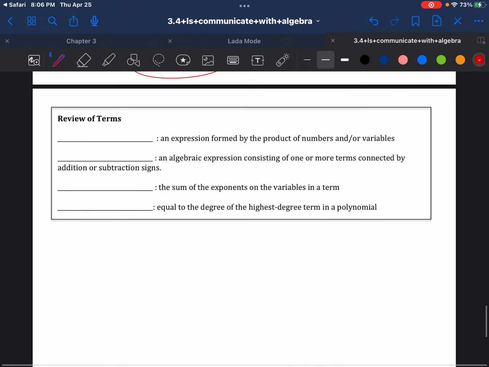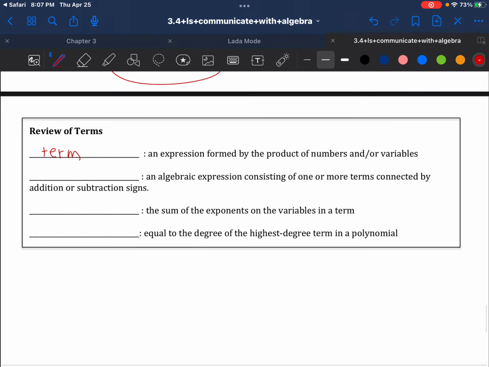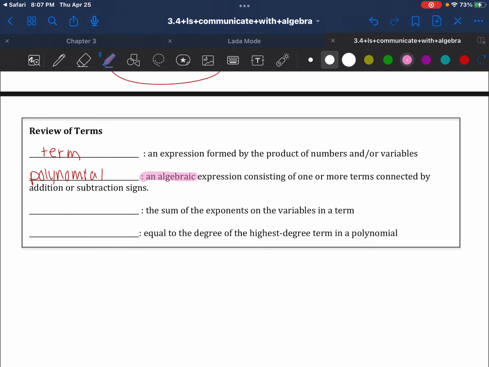And now let's review the terms. Term: an algebraic expression formed by a product of numbers and/or variables. Polynomial: an algebraic expression consisting of one or more terms separated by addition or subtraction signs.